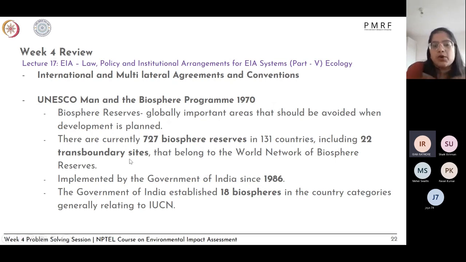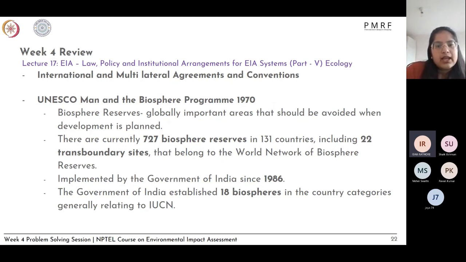That is, they share boundaries with two or more countries, and they belong to this network of biosphere reserves. UNESCO maintains this network. The government of India implemented this program in 1986, and currently we have 18 biosphere reserves in the country, which are categorized through the IUCN.